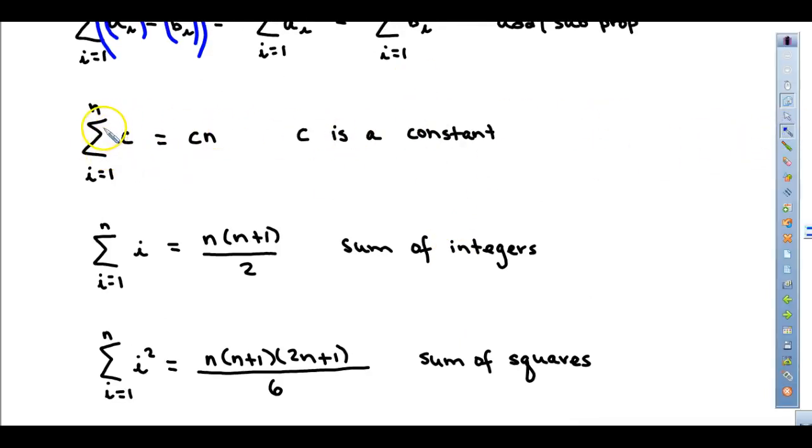So, this one says, what if you're doing the summation of some constant C? That means it's just a number. The quickest way to do that, if you're doing the summation as I starts at 1 and goes to n of some constant number, is just to multiply that constant number by n. For example, let's say you were going to do I equal to 1 to 1,000 of 5.